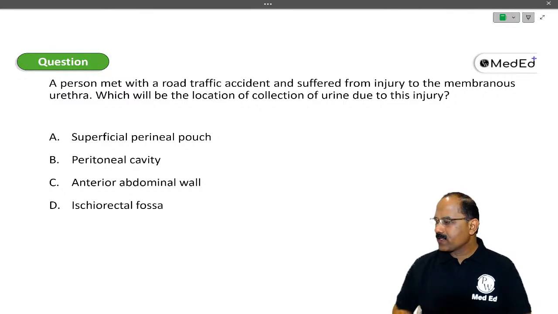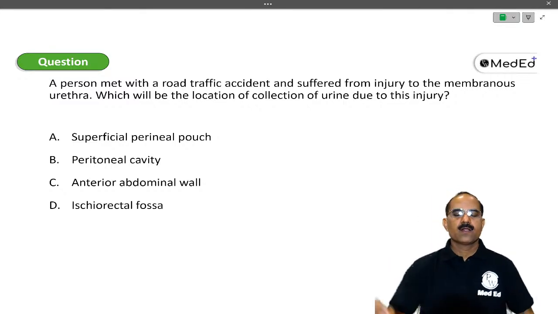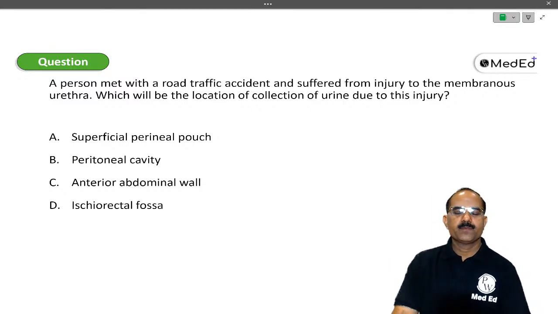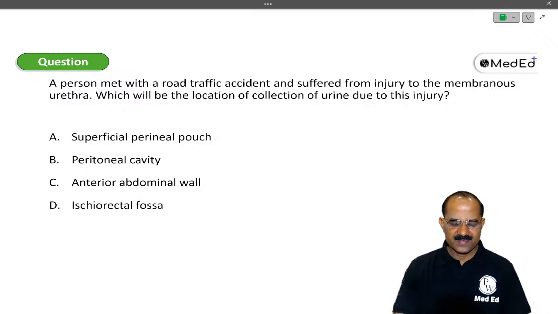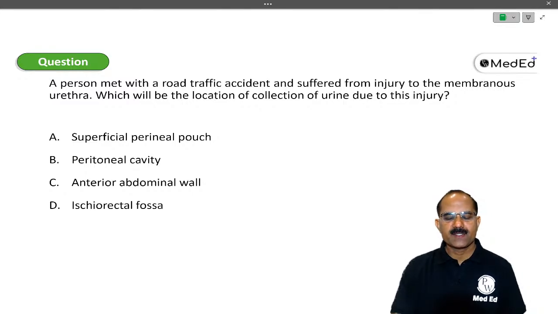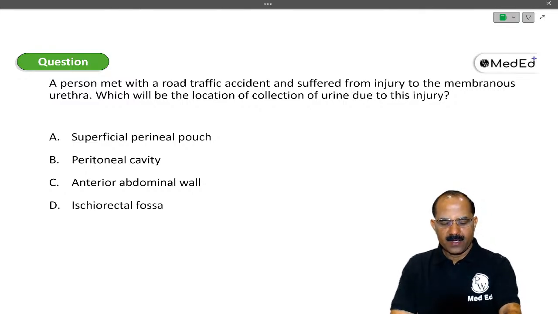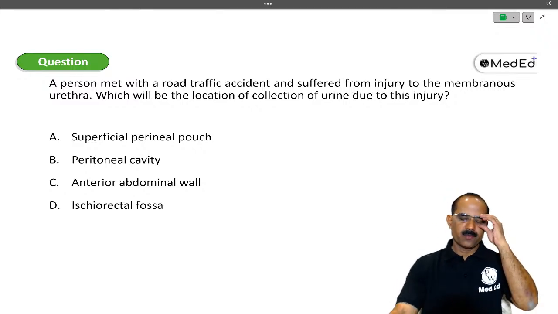Yes, what is the answer for this? हाँ, बोलो बच्चों, come on. Any guesses for this? And I can't see the comments. Comments नहीं दिखते मुझे, थोड़ा सा प्रॉब्लम है.